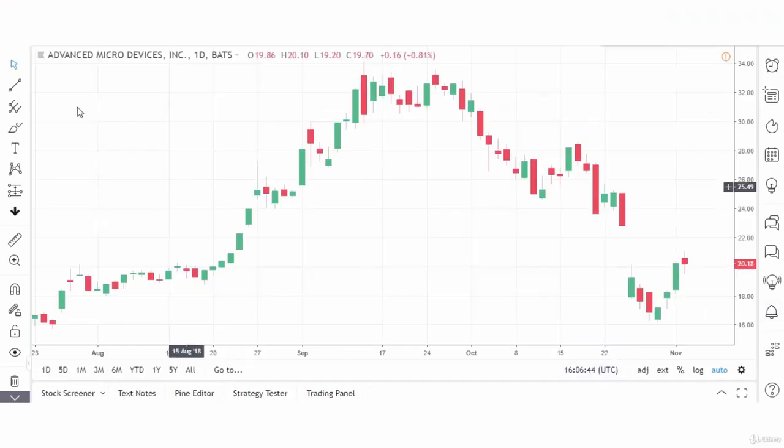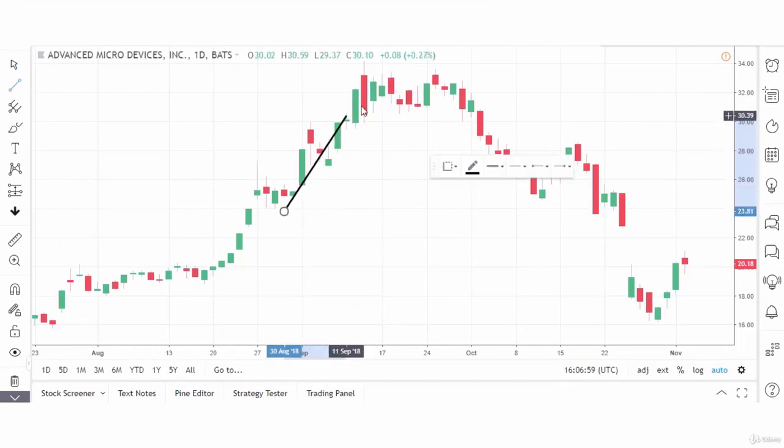Let's take a look at a double top in the chart of Advanced Micro Devices, or AMD. We have the stock in a clear uptrend. It's moving up here. We have a pullback in the stock.